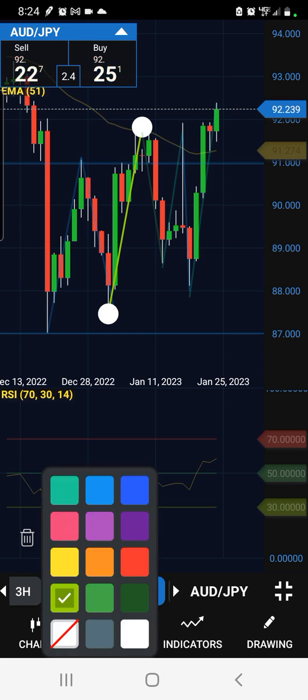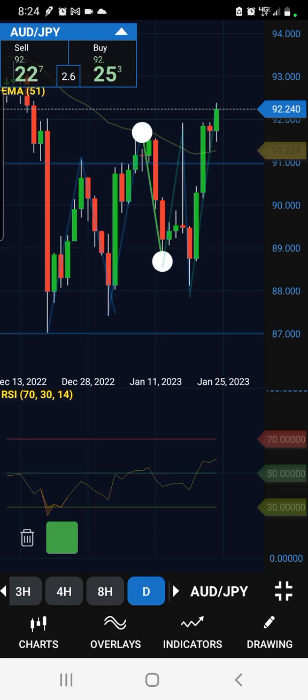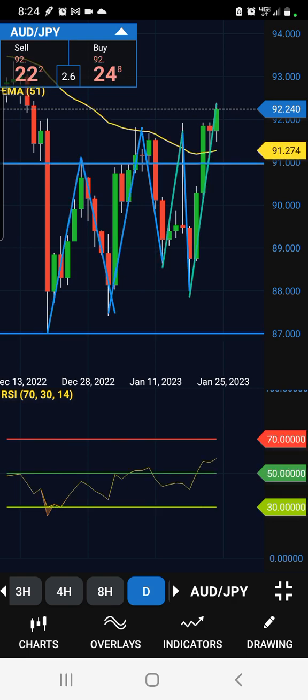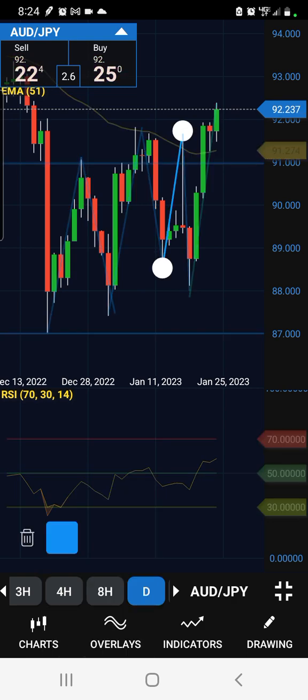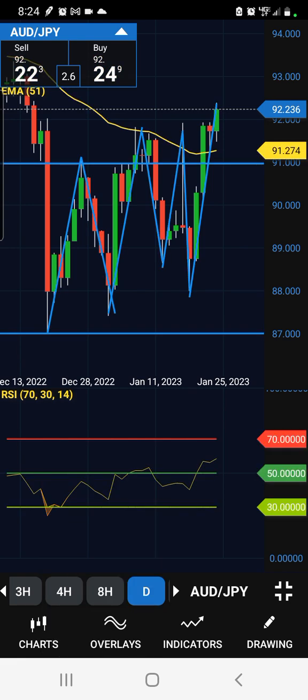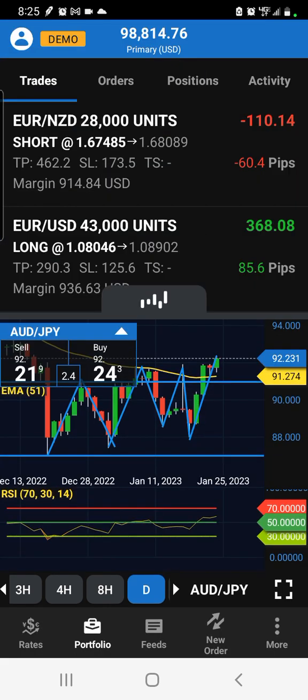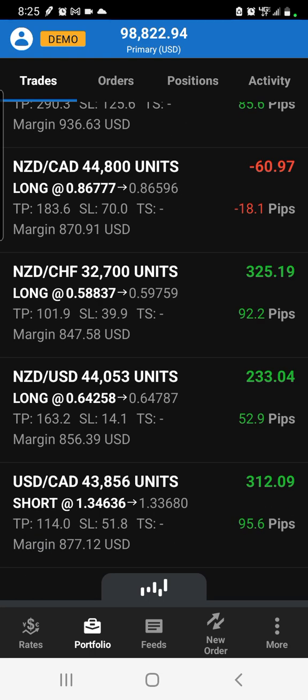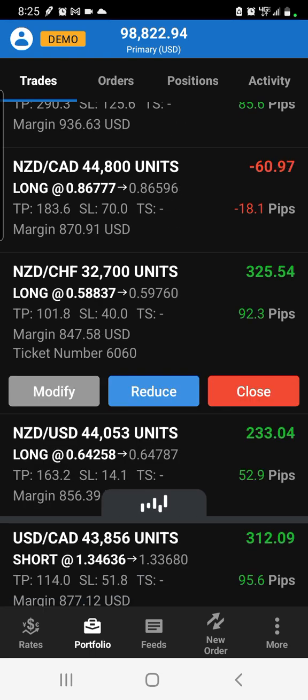But I just wanted to show you all how I spotted that trade, entered it, set my stop loss and my take profit, and that the take profit was hit. So with that being said, I'm going to close this down and get back to doing something else.